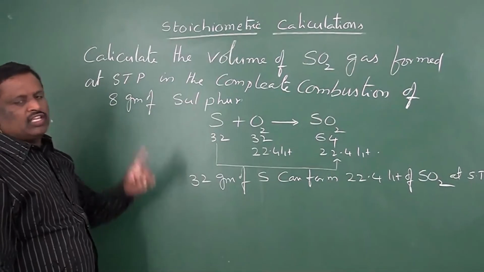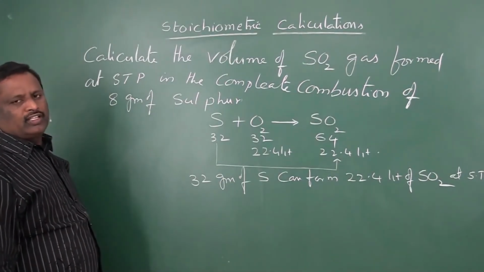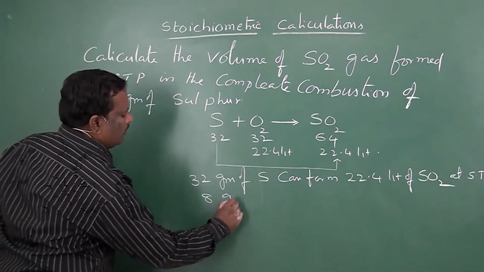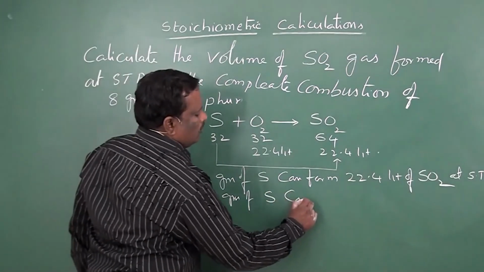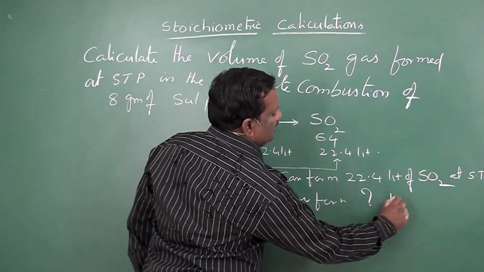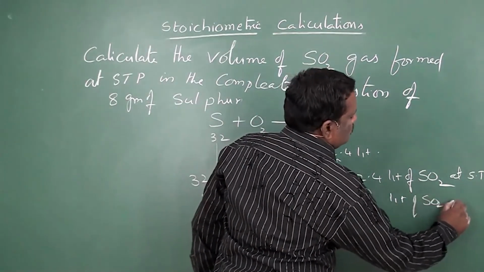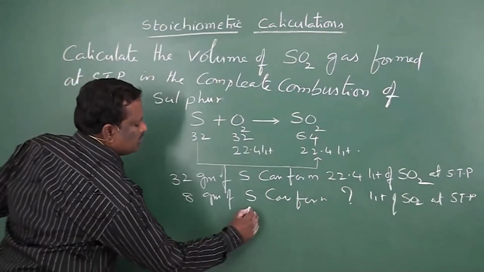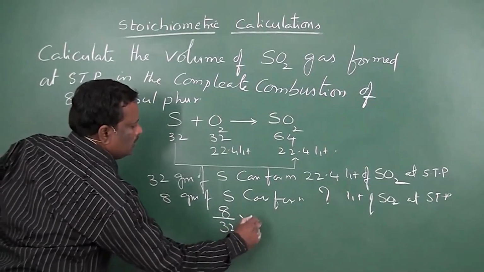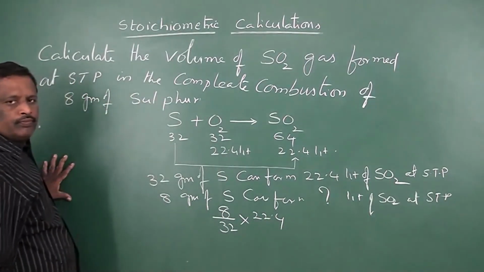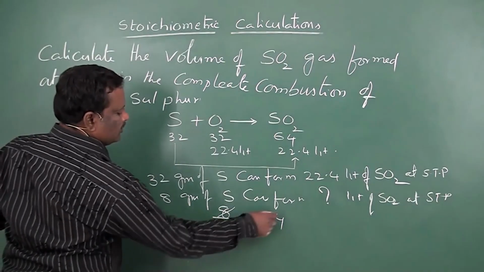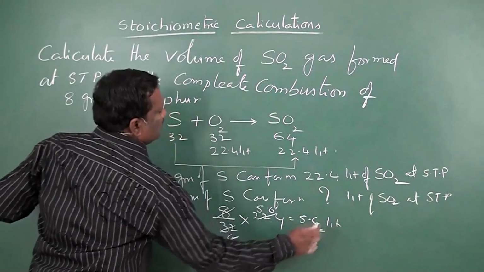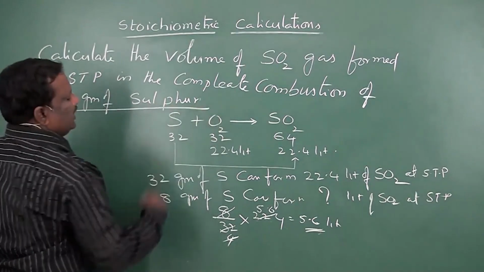Now here we have only 8 grams. So 8 grams of sulfur can form how many liters of SO2 at STP? That's the question. It will be 8 by 32 into 22.4. So here it goes 4 times, 5.6. So you will get 5.6 liters of SO2 gas in the complete combustion of 8 grams of sulfur.